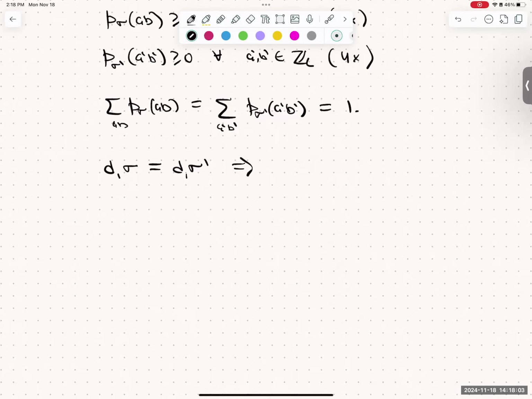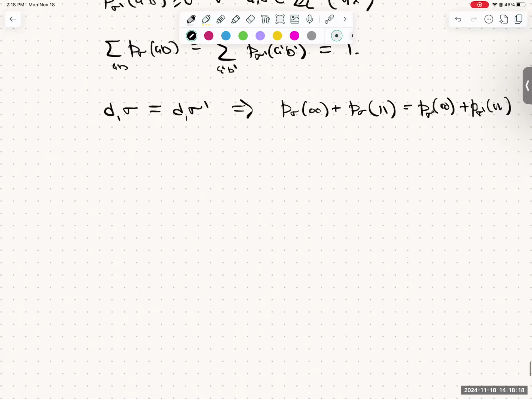This implies that I have equations like this. P sigma 0, 0 plus P sigma 1, 1 equals P sigma prime 0, 0 plus P sigma prime 1, 1. And then there's another one like this. P sigma 0, 1 plus P. Something like this, just for completeness.